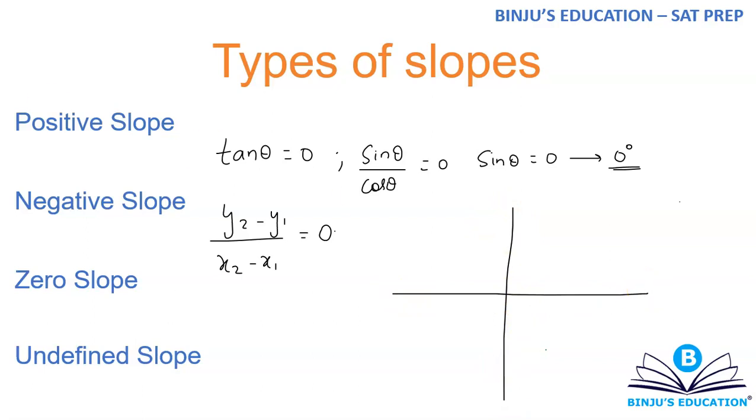So in that case, the line has to be parallel to x-axis, because in this case, with respect to x, the angle will automatically be 0. Okay, so whenever you have slope 0, people say that the line is parallel to x-axis.